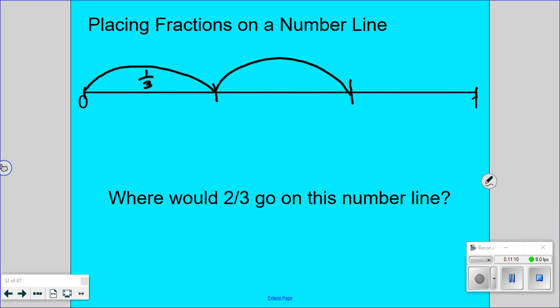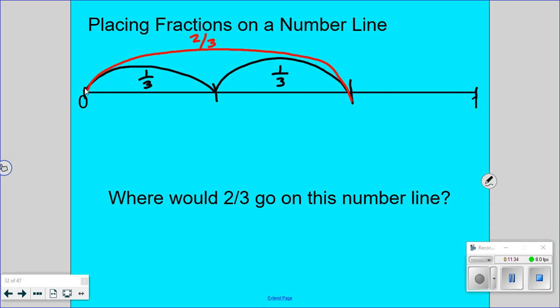From here to here, it's only 1/3. Now, Julian, what you're thinking is from here to here. What is that worth? 2/3. You see the two 1/3 pieces in there? So that whole big jump is 2/3, but just from this line to this line is 1/3.